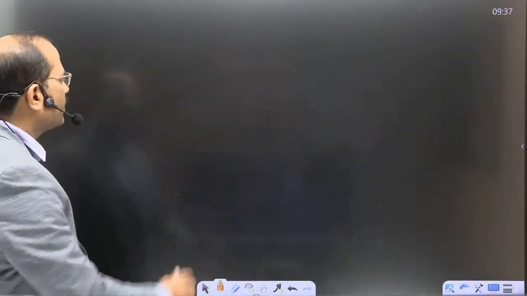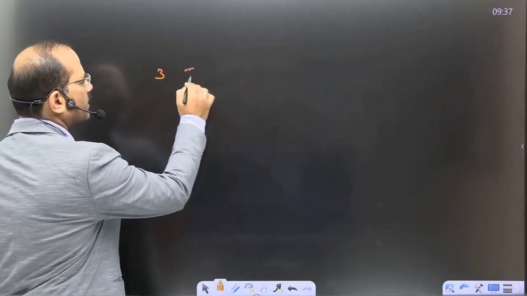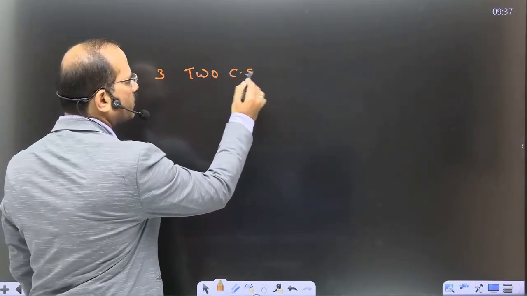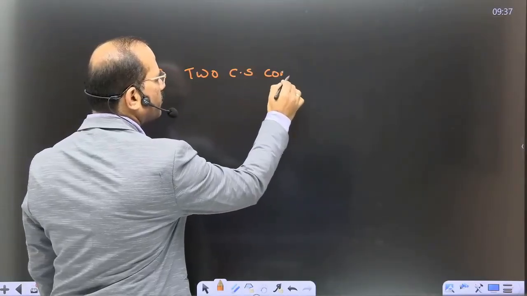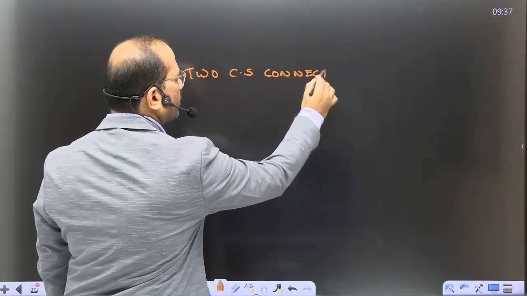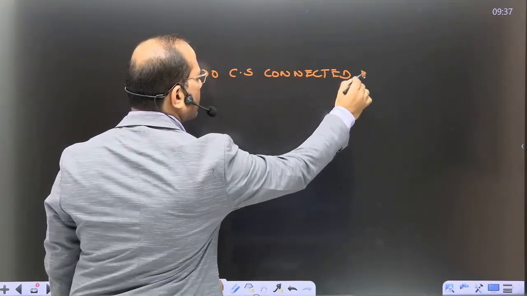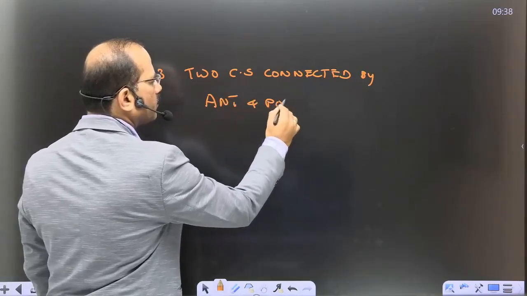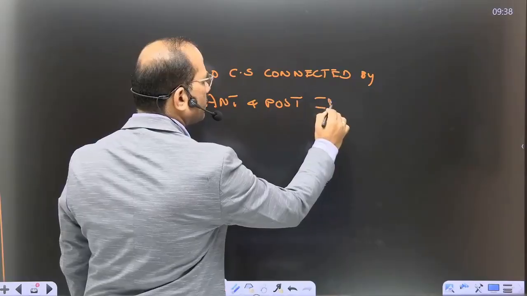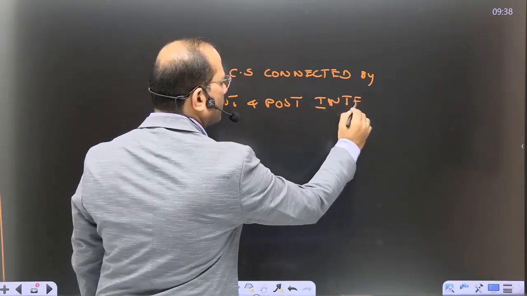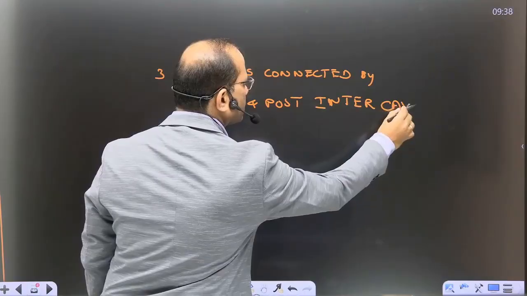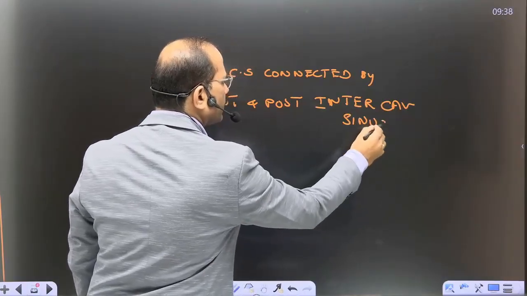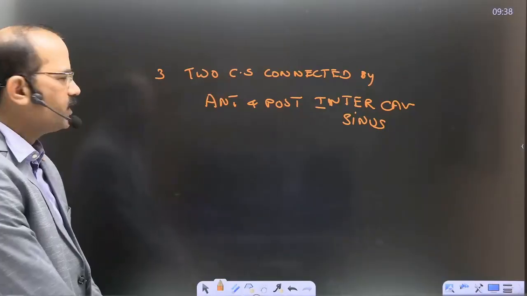The third draining channel: the two cavernous sinuses are connected by the anterior and posterior intercavernous sinus.